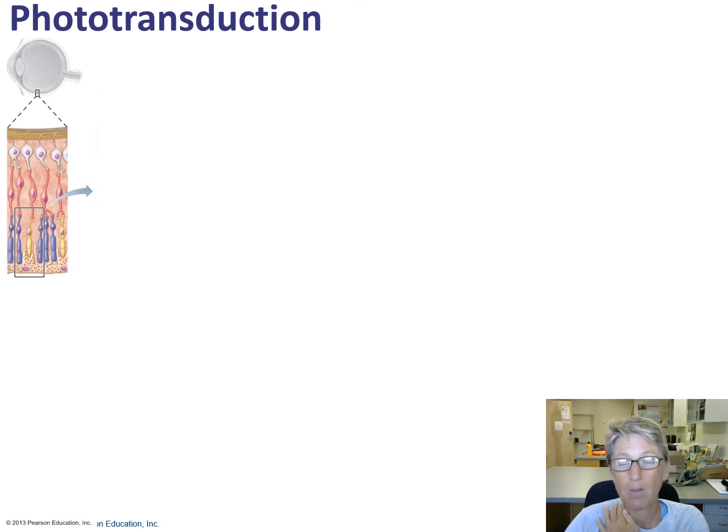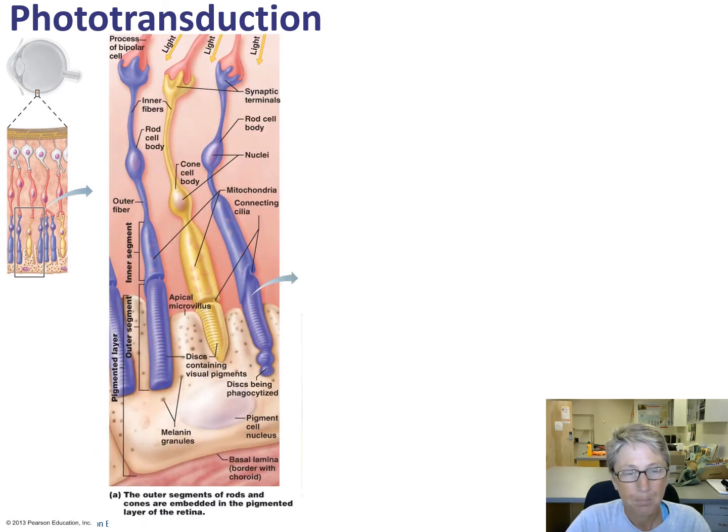So now we're going to talk about this amazing process called phototransduction. All that means is you're taking photons of light and transducing that physical information, the photons traveling in waves, into electrical information. And here are our heroes that do that.